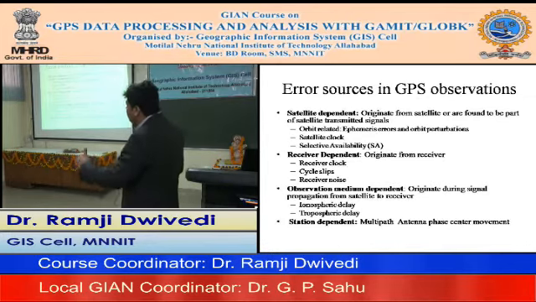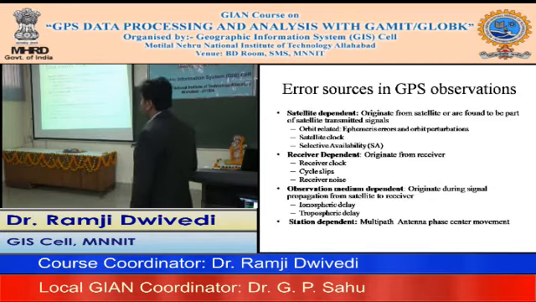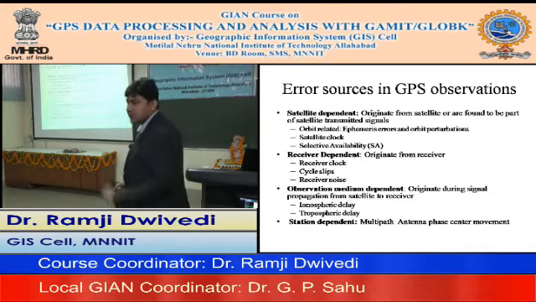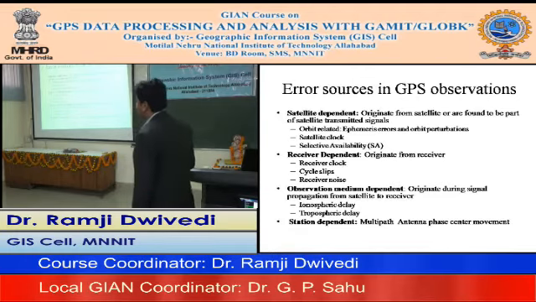Then moving on to the receiver end, which we call receiver dependent, there is the receiver clock, and something may happen to the receiver so that it gets turned off. So a cycle slip may occur, along with some receiver noise. These originate from the receiver end. Then there are the observation medium dependent errors. In the propagation medium, because of the ionospheric and tropospheric effects, we have these two major delays, which are properly estimated and removed well before we estimate the position.